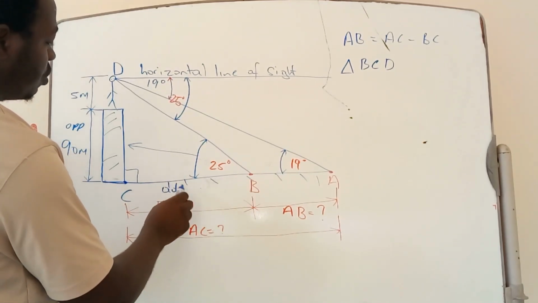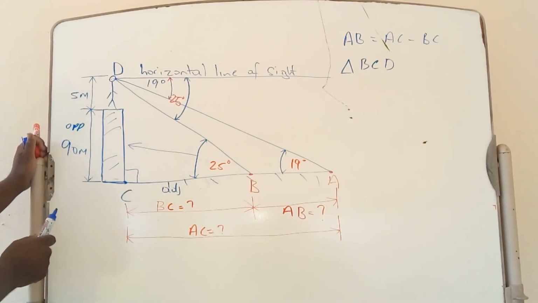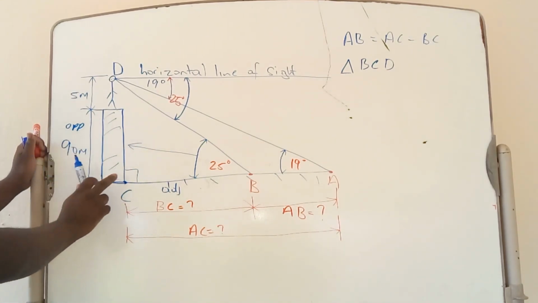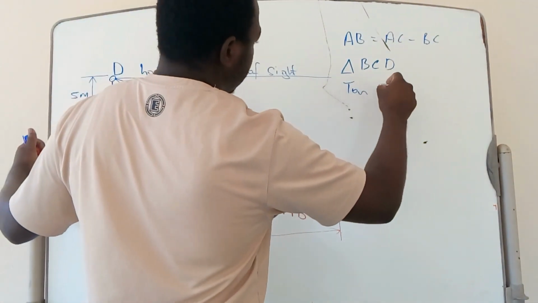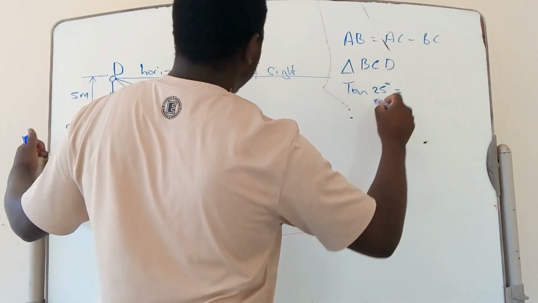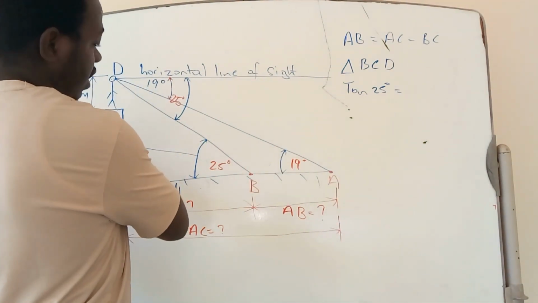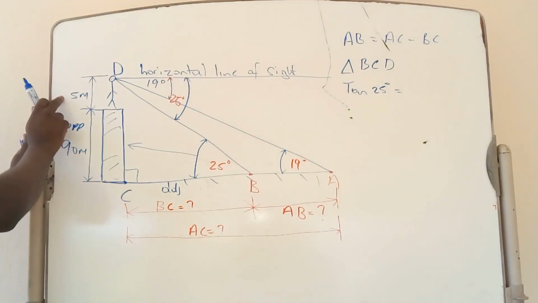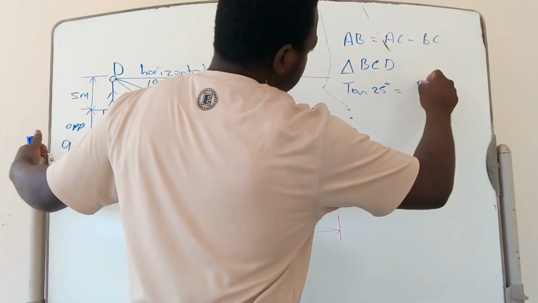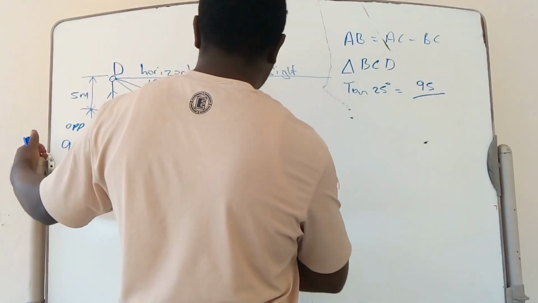That's basically the adjacent length we want to find, which is BC in this case. So we know that this ratio is associated with tangent. So we can therefore say that tangent of 25 degrees is equal to the opposite length. And what is the opposite length? The opposite length here is 90 plus 5, which is 95. So that's 95 meters over BC.